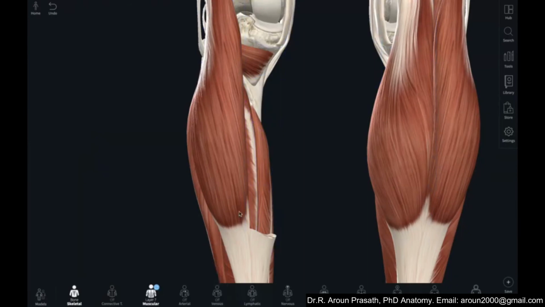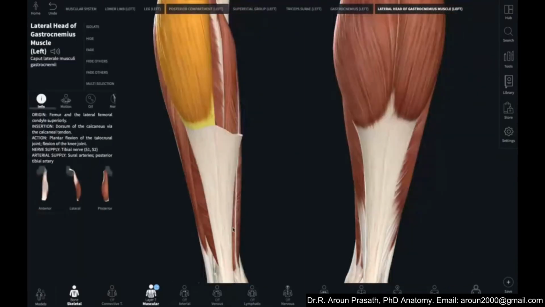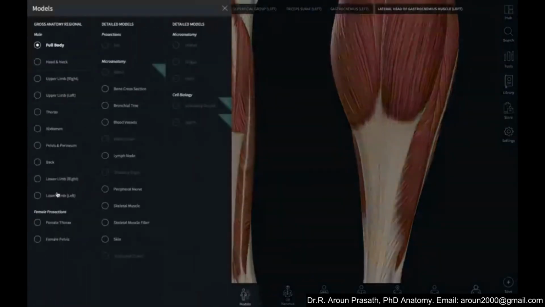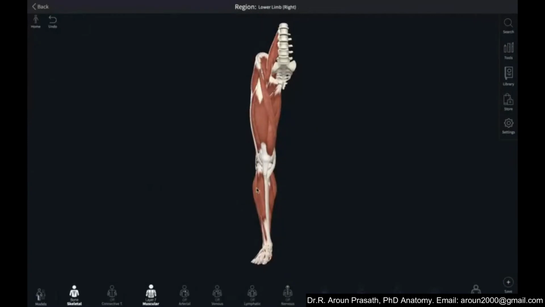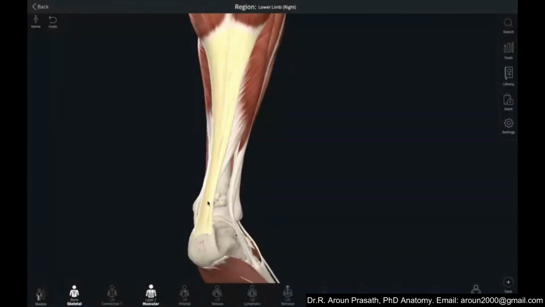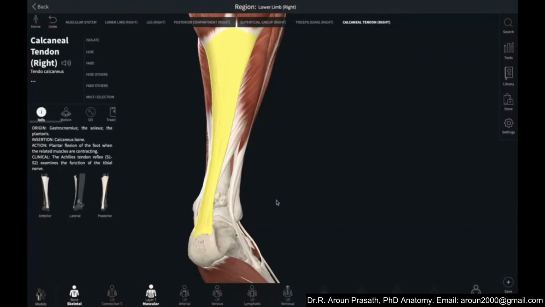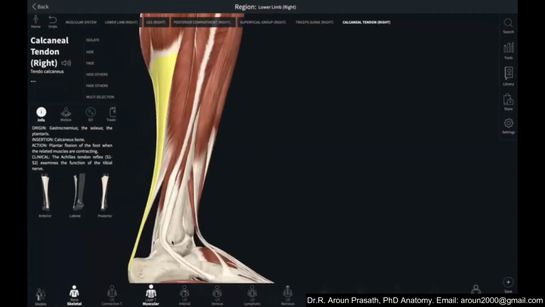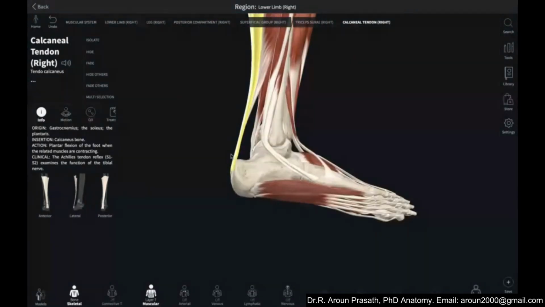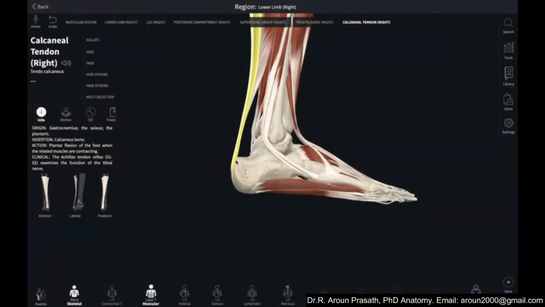Both the gastrocnemius muscle and the soleus muscle come down and form one of the strongest tendons in the body, called the Achilles tendon, also called the tendocalcaneus. Why is it called the calcaneal tendon?